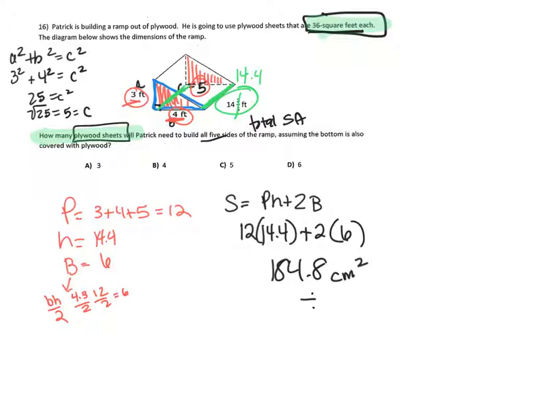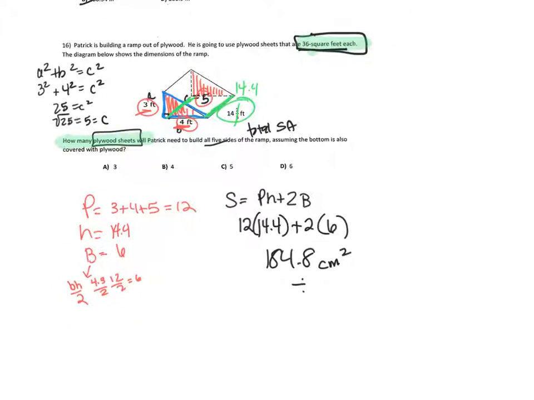So we're going to divide our total surface area by the surface area of the sheets. Oh, why did I put centimeters? Feet. 184.8 divided by 36, and I get 5.13. So how many plywood sheets will Patrick need to build all 5 sides of the ramp?